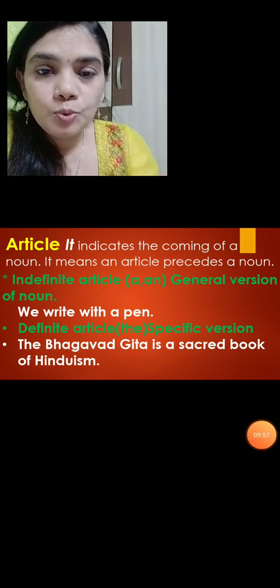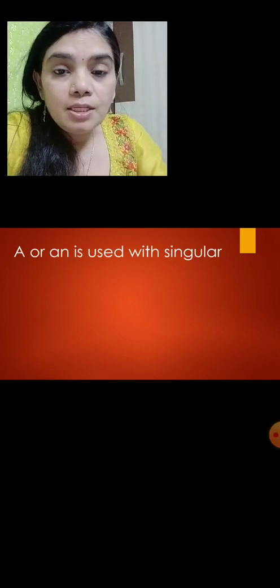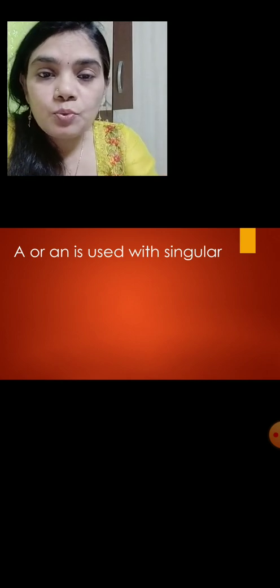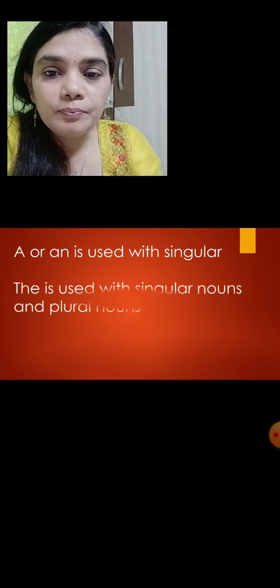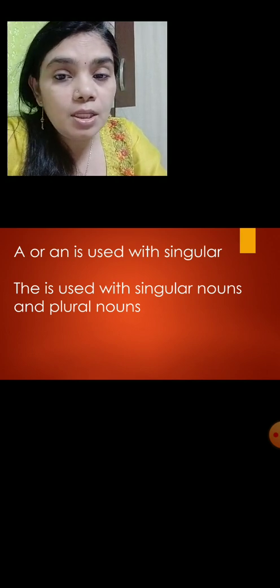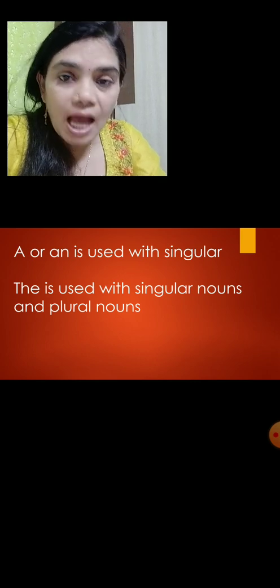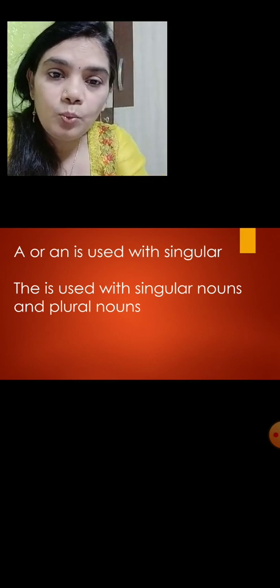Now let's move to the next slide. A or an is used with singular nouns, and the is used with singular and plural nouns. Let us understand this statement with examples.